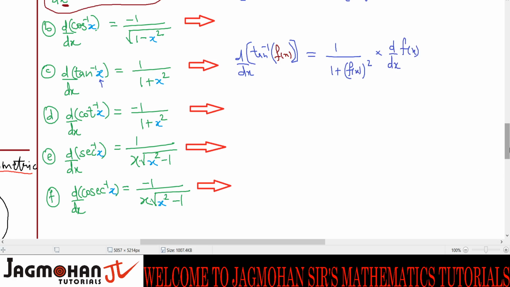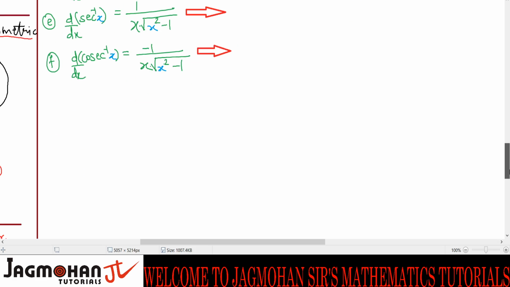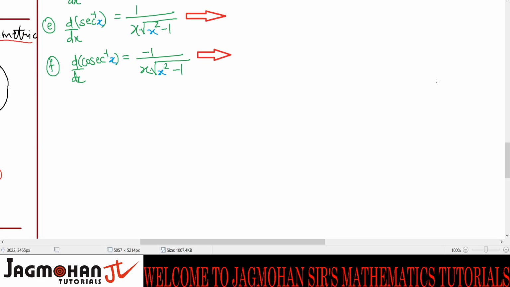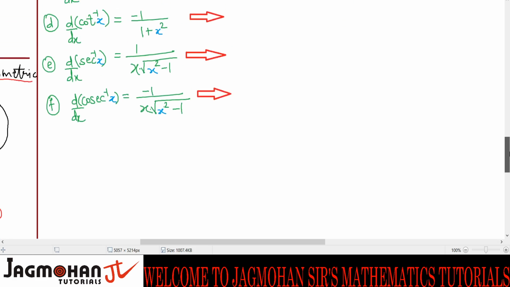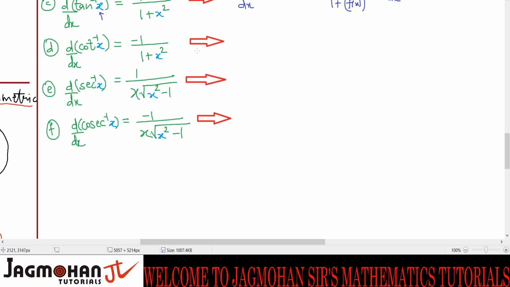Now I am doing it for sec inverse x. D by dx of sec inverse x is 1 upon x multiplied to square root of x square minus 1. So if I have d by dx of sec inverse of f of x, please students, I want you all to pause the video and do this on your own.